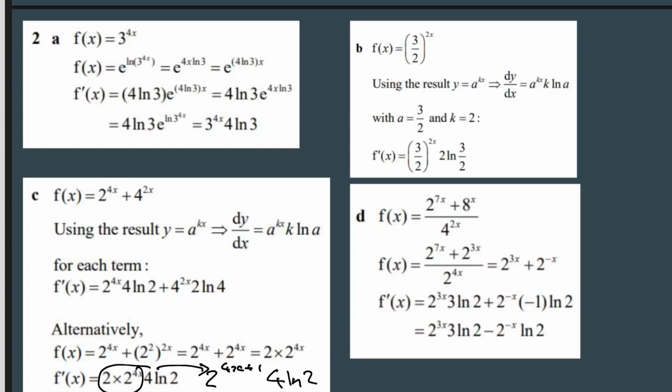And then finally for D, a little bit trickier, get them all as powers of 2. And you get that, and you can then differentiate each term separately if you want. You can also factorise out a ln 2 like they've done here, if you want to. And that would give you this.